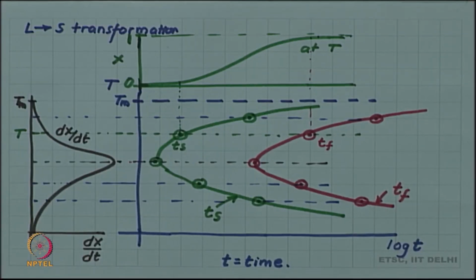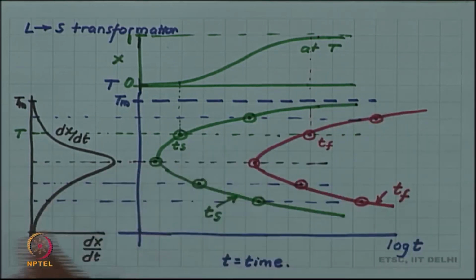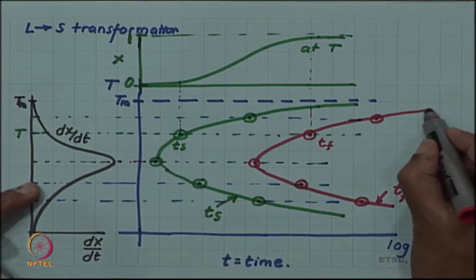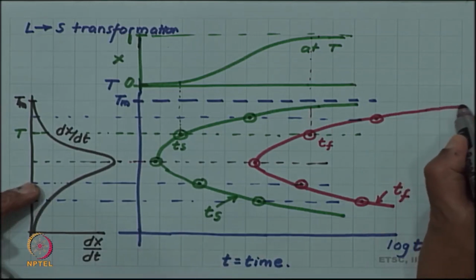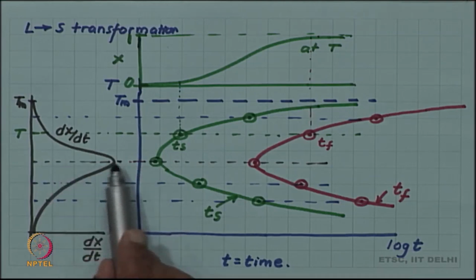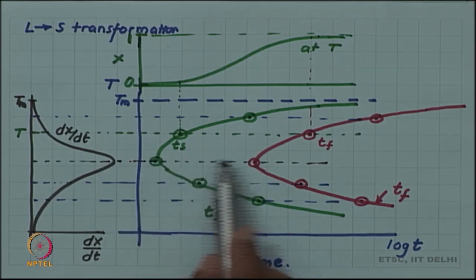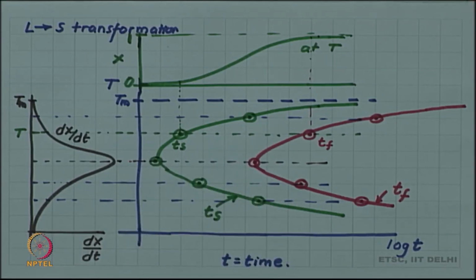So, both these are called C curves, and both will approach asymptotically the melting point at the higher temperature side. They cannot cross the melting point because there is no transformation above the melting point, but they will reach it asymptotically. And at the temperature at which the maximum transformation rate was there, they will show a minimum time, and that is usually called the nose of the curve.